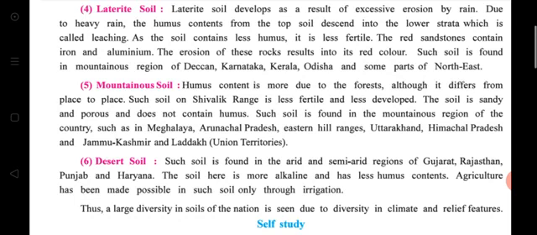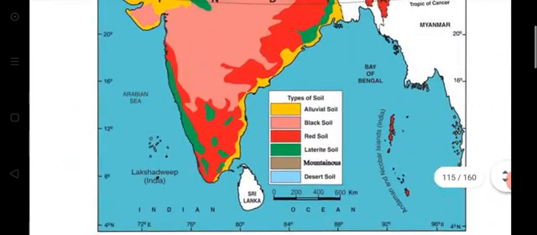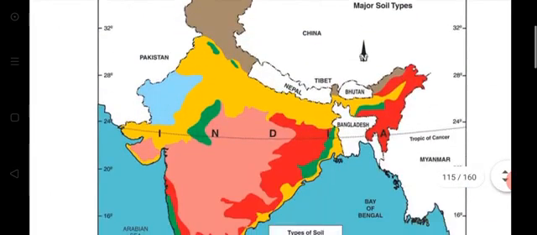The red sandstone contains iron and aluminum, so the erosion of these rocks results in its red color. Such soil is found in the mountainous regions of Karnataka, Kerala, Odisha, and also some parts of the north east. We can see laterite soil on the map in green color.